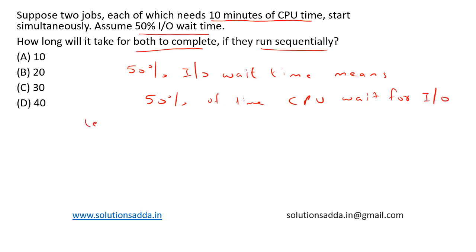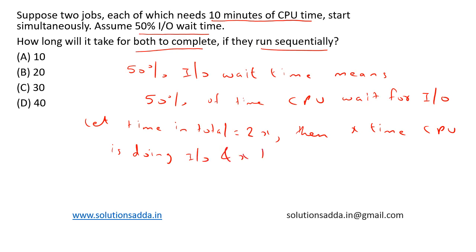So let the total time be equal to 2x. Then for x time the CPU is doing IO, and for x time it is running the process.